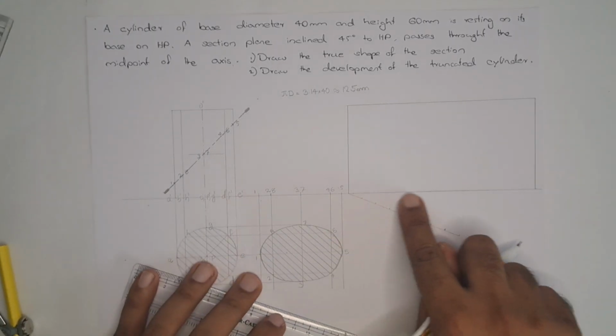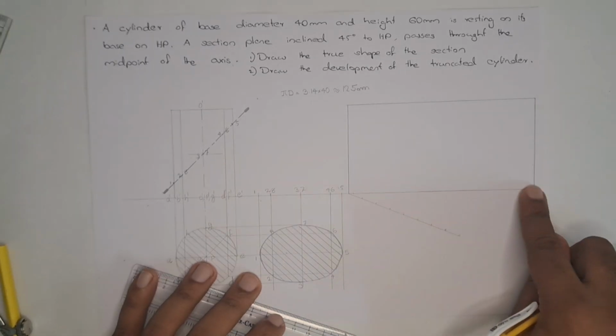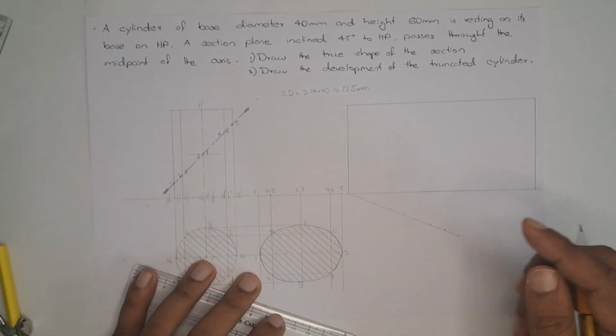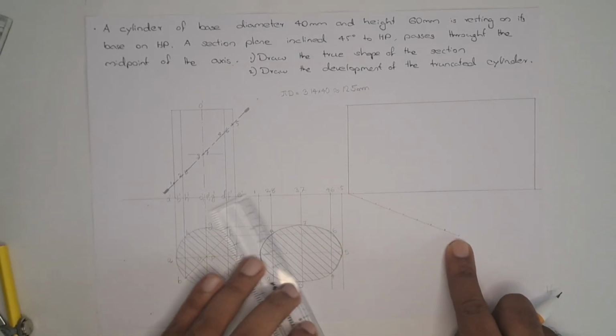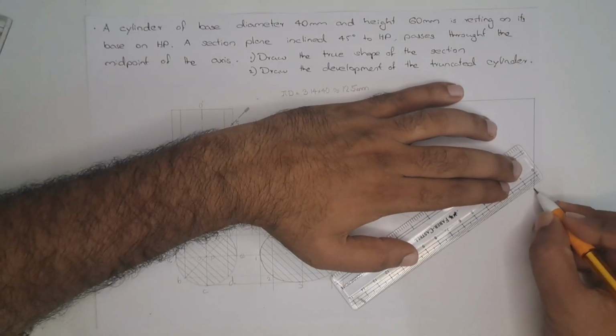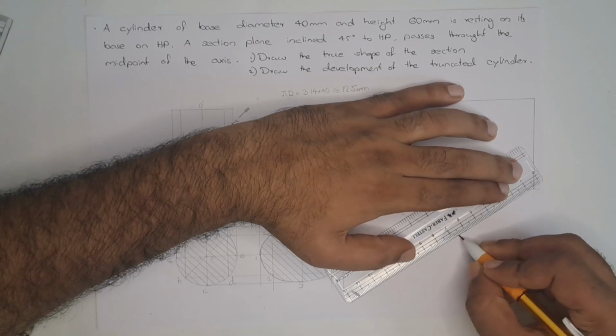Since this line is not divisible by 8, we draw a line which is divisible by 8 and we just need to connect the last point to the last point here.